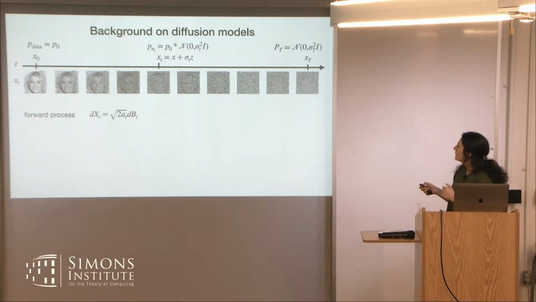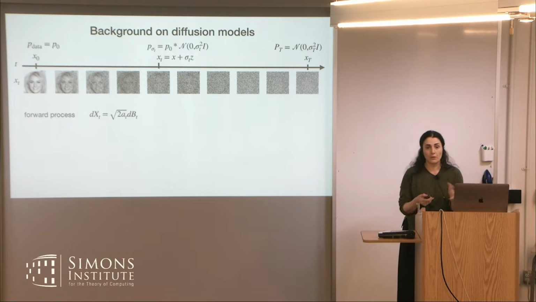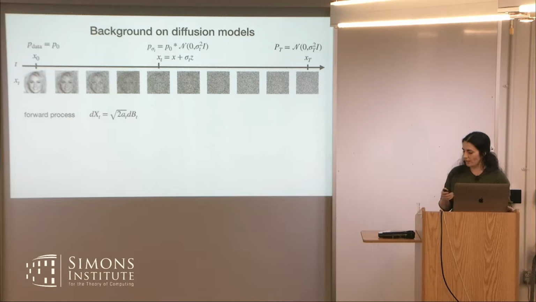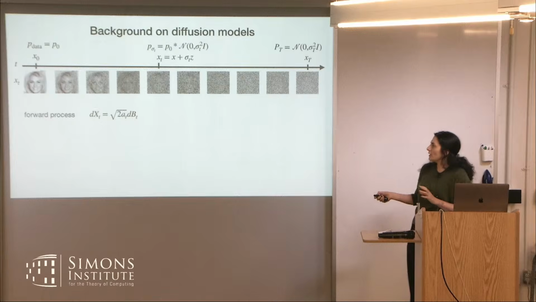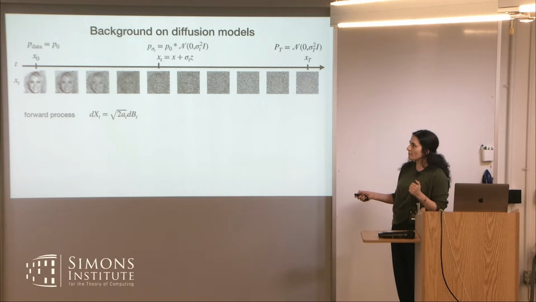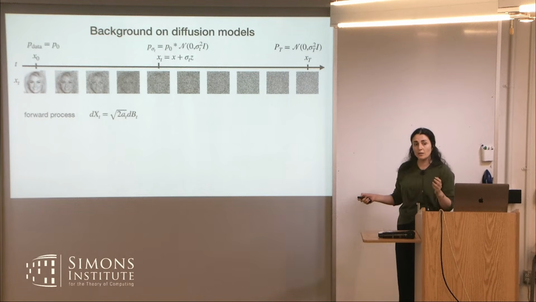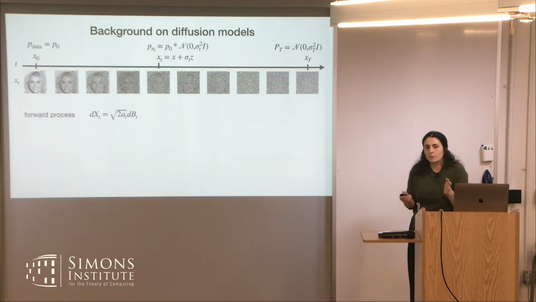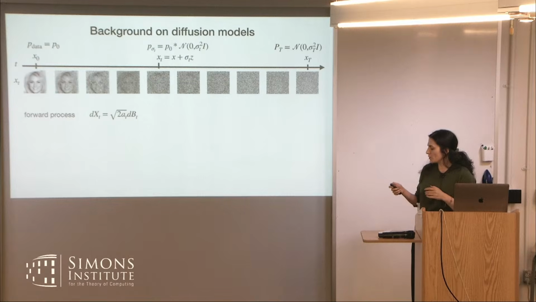Now you can add any level of sigma, theoretically from 0 to infinity, to get an infinite family of these p sigmas. This SDE tracks the evolution of a sample that starts from p naught and evolves into a sample of Gaussian. It's a simple SDE, just a Brownian motion.